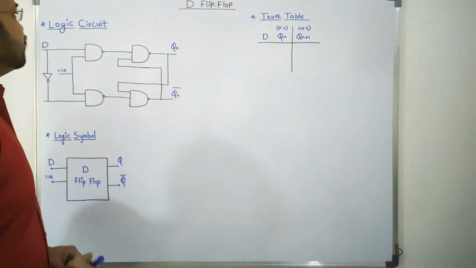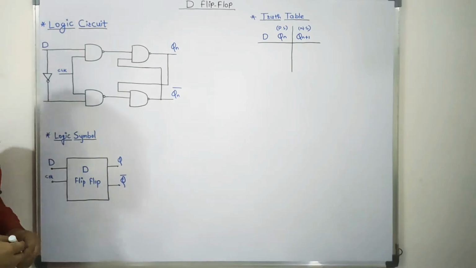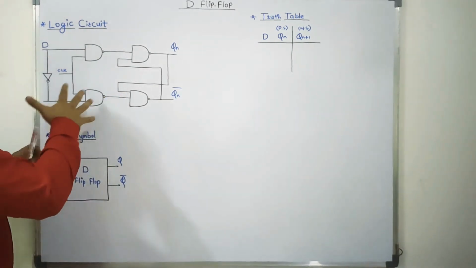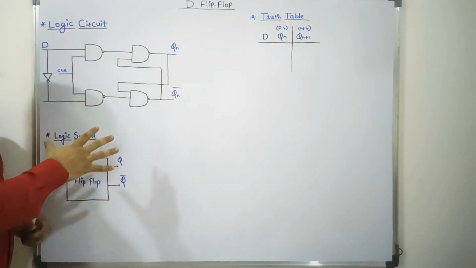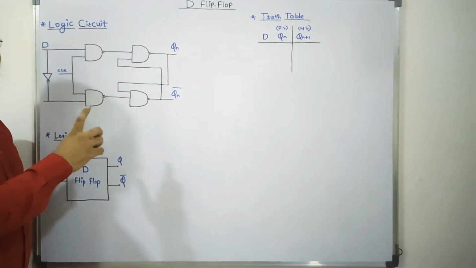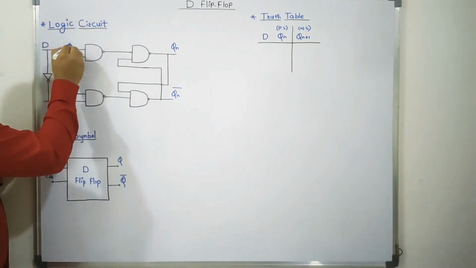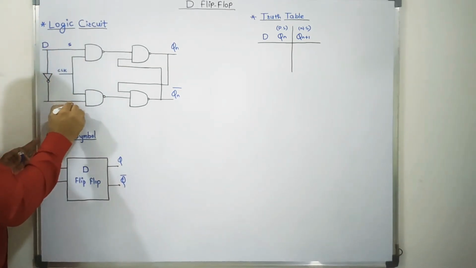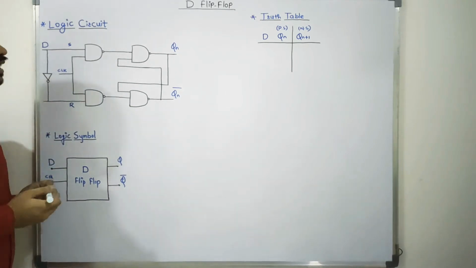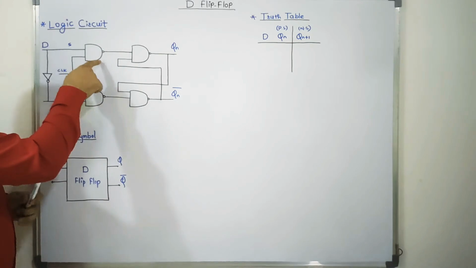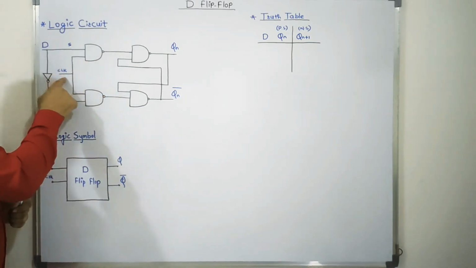Okay. So today I will discuss the logic circuit of this D flip-flop. This logic diagram is the same as the SR flip-flop. Here we have the inputs S and R, and we use NAND gates, with the inputs to the NAND gate and a clock pulse.